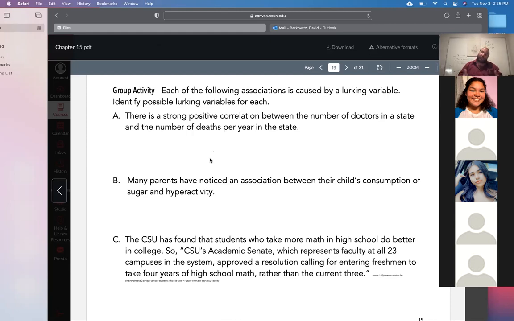So apparently states with more doctors also have more deaths. That's a statistical fact, by the way. Can't argue with that. What can be a lurking variable to explain the connection there?